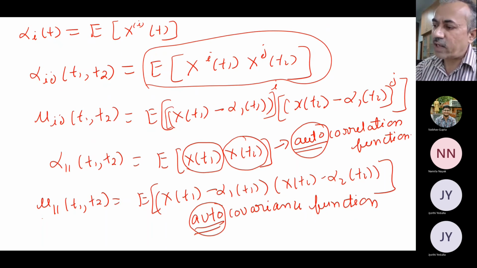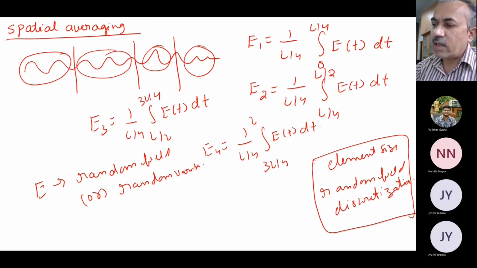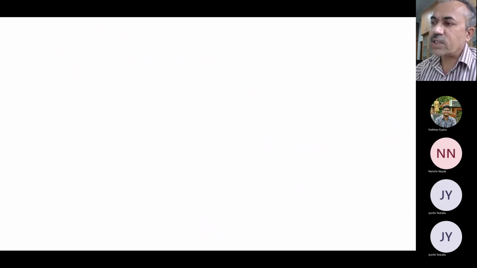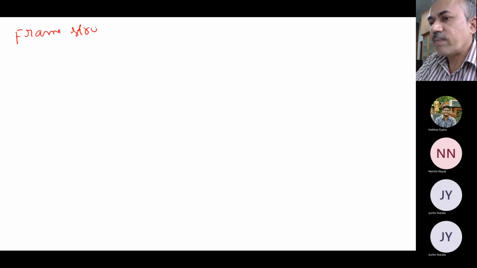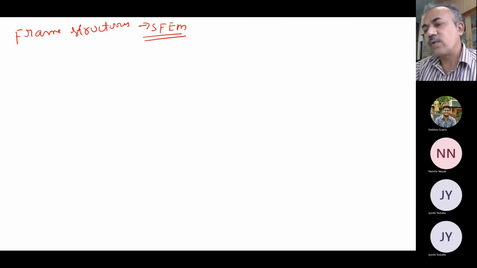Anyway, I will stop here. As far as this course is concerned, whatever we discussed until now is more or less sufficient. If you are able to solve frame structures with stochastic FEM, that is more or less sufficient for this course.